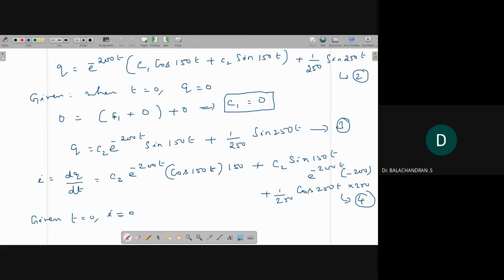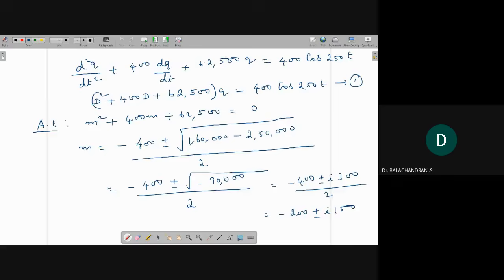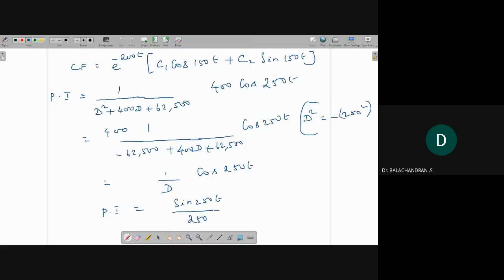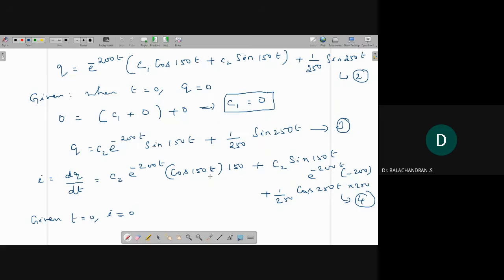We need to find the current I, so it is better to directly find I. There is no need to find q, because you can substitute C2 in this equation itself and directly get the current I.